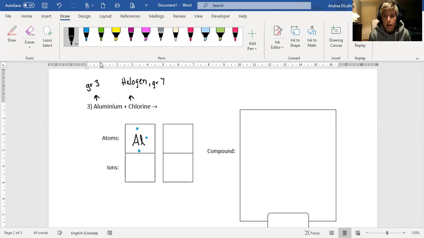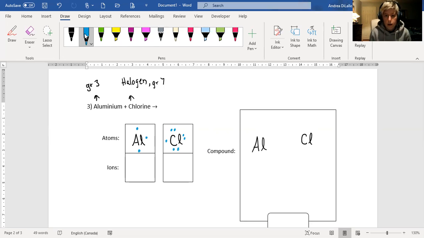So it is going to have, you guessed it, 7 valence electrons. 1, 2, 3, 4, 5, 6, and 7. Aluminum needs to lose all 3 of these valence electrons, and chlorine is going to be gaining valence electrons.